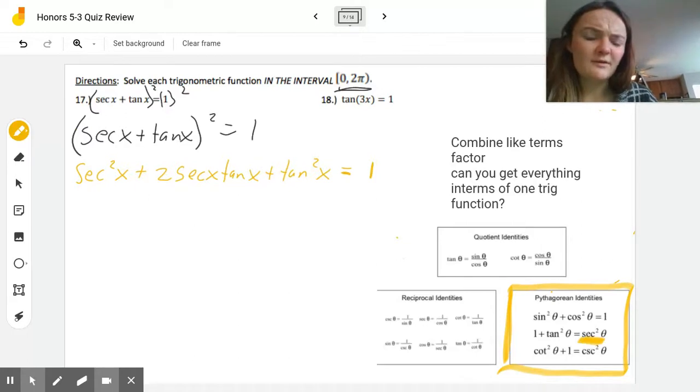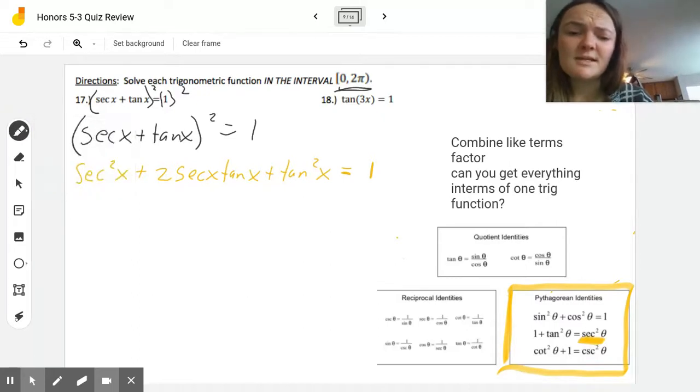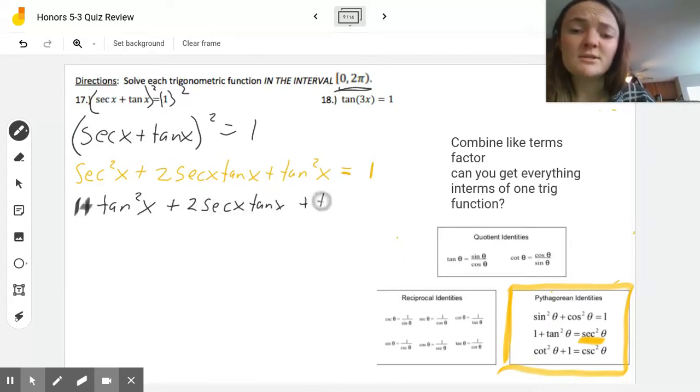If I replace that, that's actually going to be really helpful because then everything's going to have a tangent in it. So let's do it. Secant squared theta is the same thing as 1 plus tangent squared theta, in this case x, plus 2 secant x tangent x plus tangent squared x.